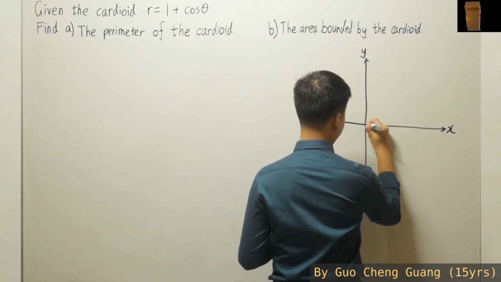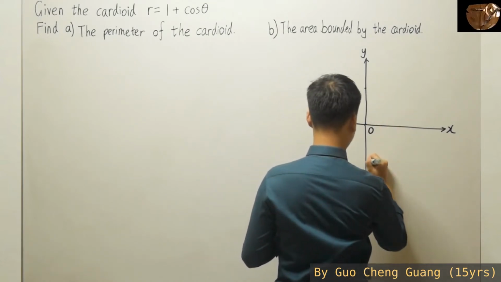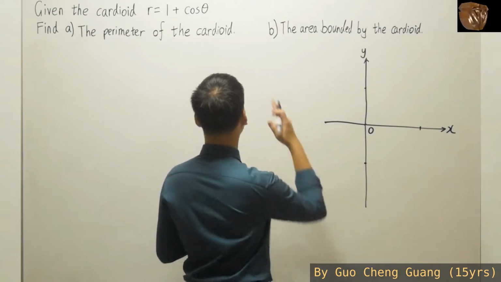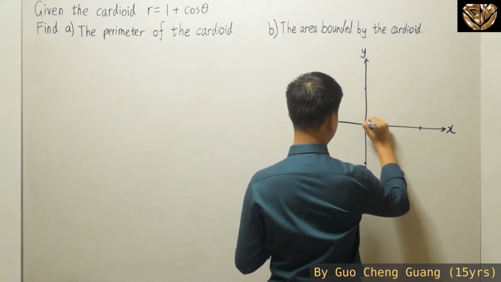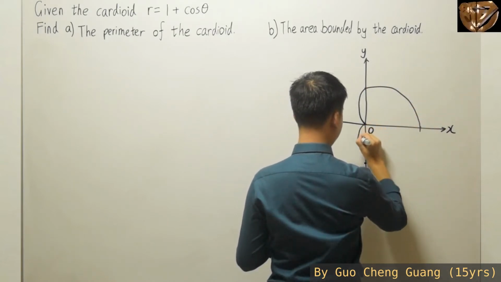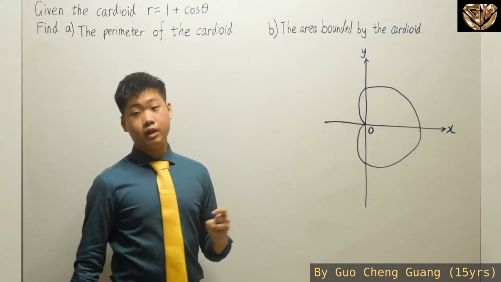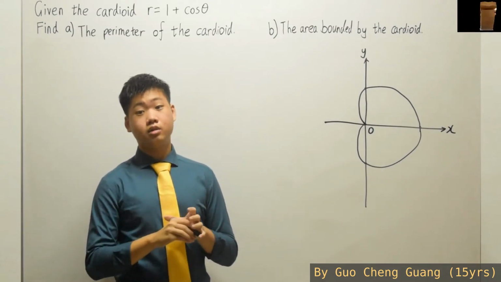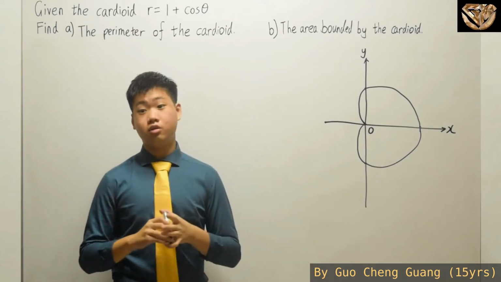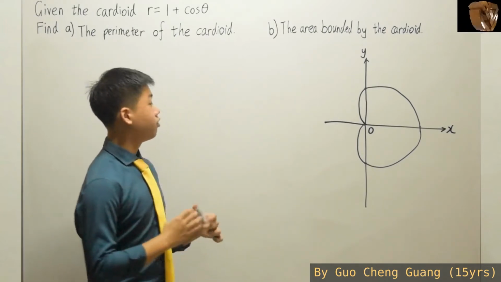Here would be your origin, and let's say the heart intersects the y-axis at these 2 points and the x-axis at 2, if you know how to calculate it. This is what the cardioid looks like. This is an enclosed area, so there is a perimeter and an area bounded by it. Now let's start with the perimeter.